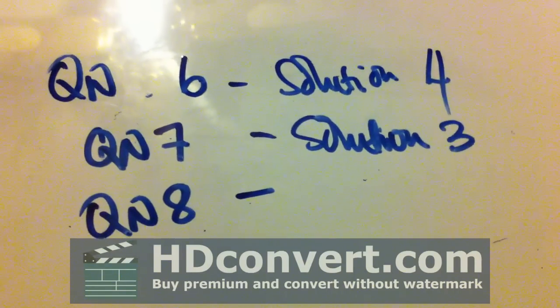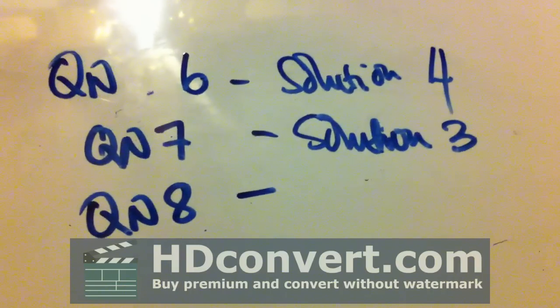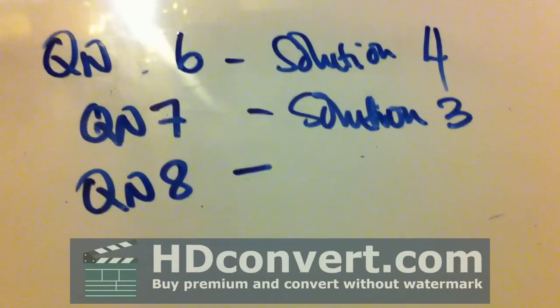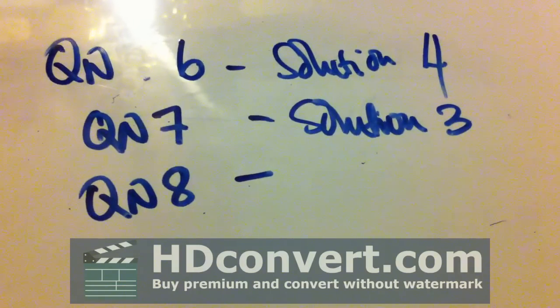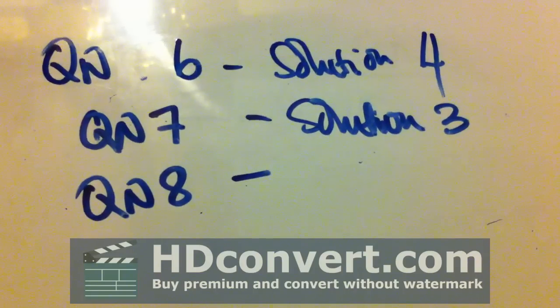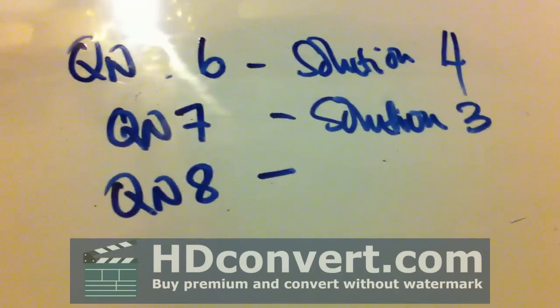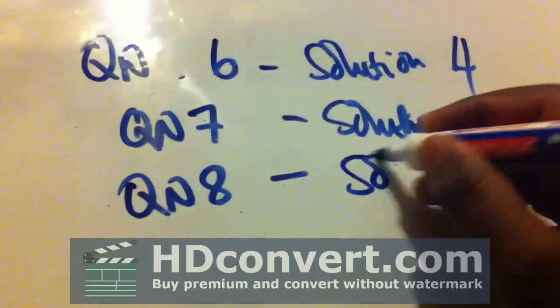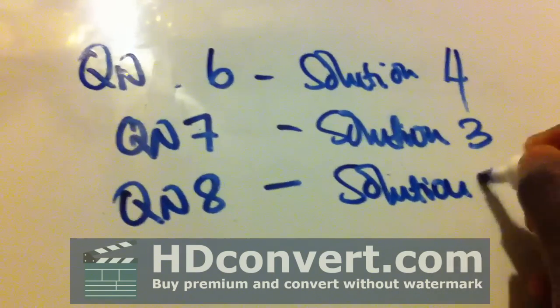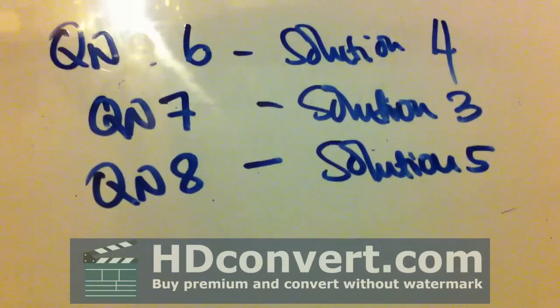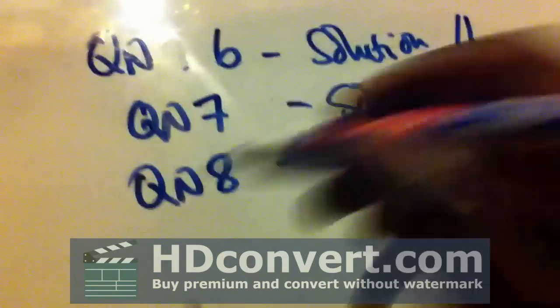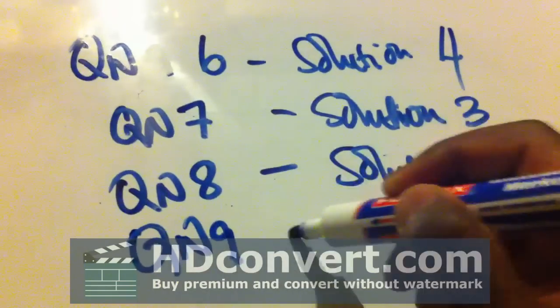So we want where our bank is credited and our drawings are debited. Solution 5. So we have here our solution number 5. Then we go to question number 9.